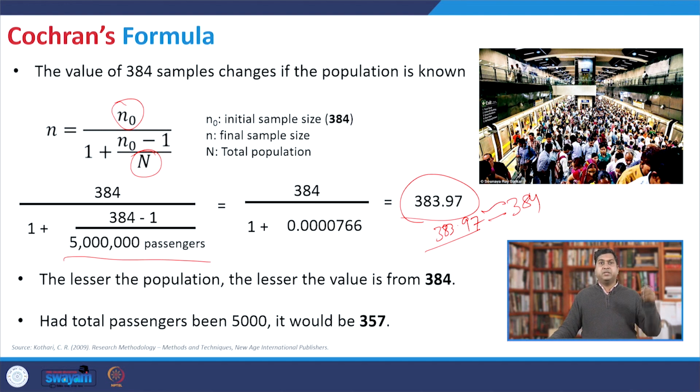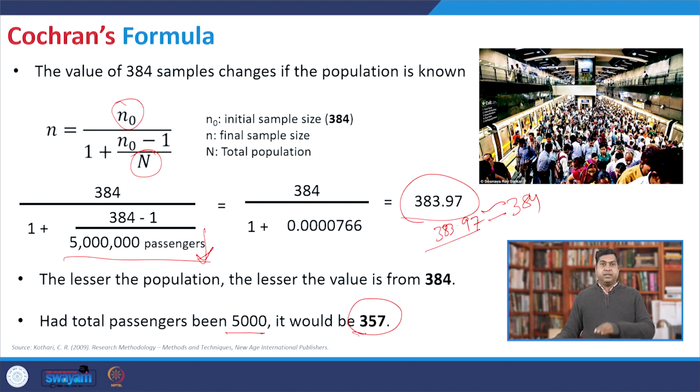So if you lower the number of passengers, the sample size requirement will also lower. For example, if instead of 50 lakhs population you make it only 5,000, in that calculation you will get 357.